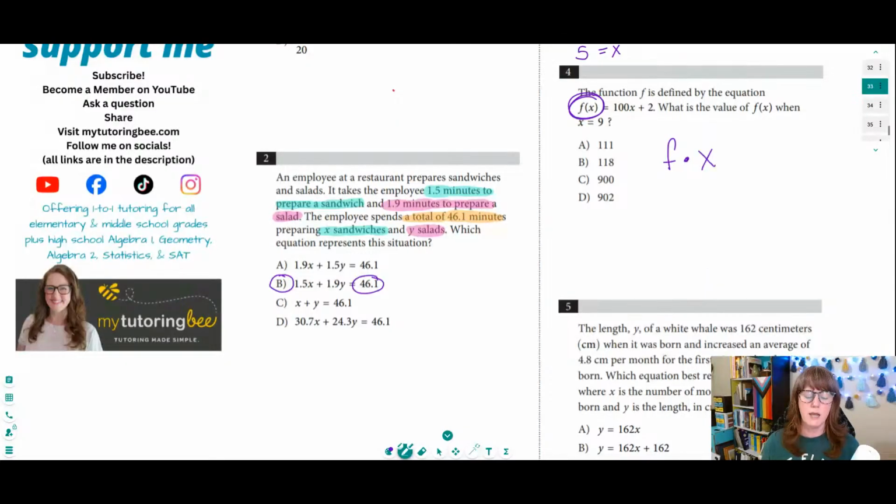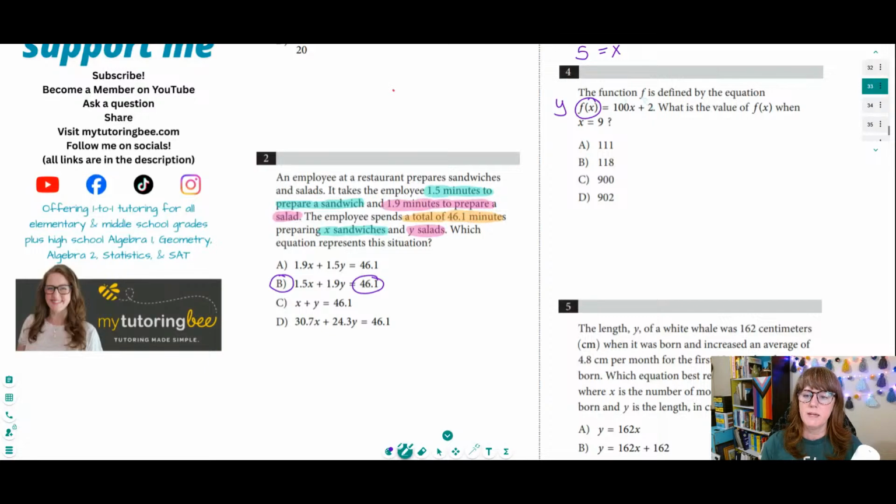That's what we've learned, that whenever there are two variables or a variable and a number just squished together, or one's in a parenthesis and one's not, that means multiplication. However, this is just function notation. F of x, that's how you read it, f of x. This is just another name for y.